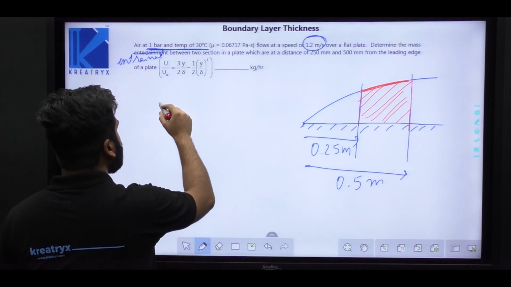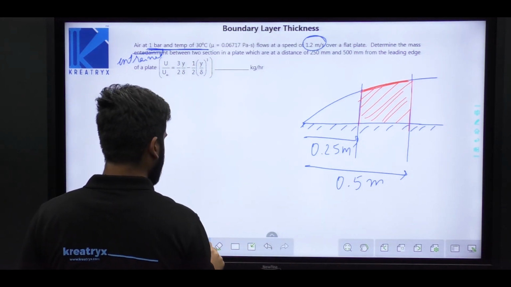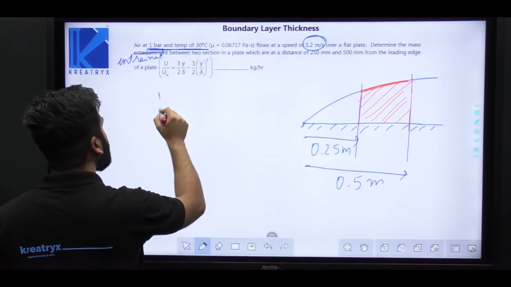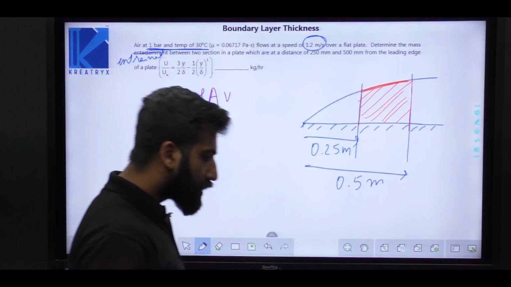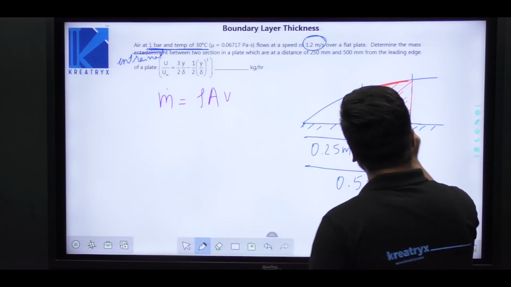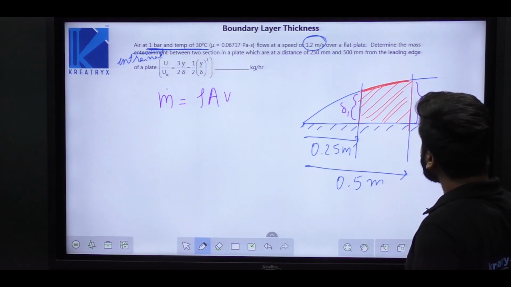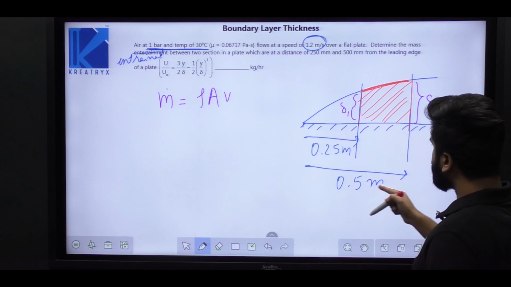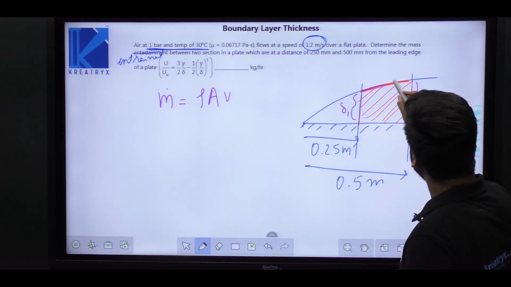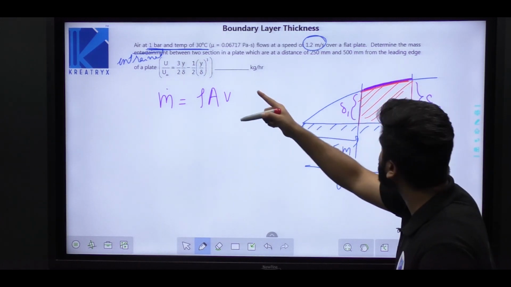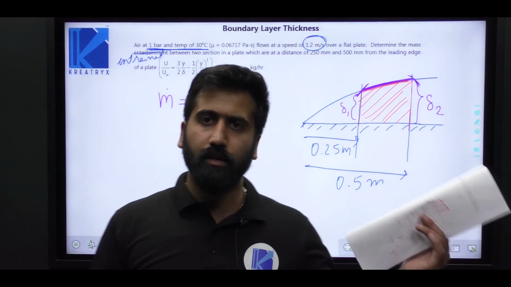So what is mass flow rate equal to? m dot is equal to rho A V. So can you say that if I find this boundary layer thickness delta 1, and the boundary layer thickness formed at section which is 0.5 meter away from the leading edge, that is delta 2, and integrate this velocity profile which is given from this limit to this limit, can I get the mass entrapped?